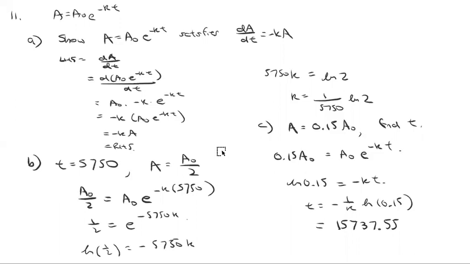I would always leave it in an exact form and then write in a decimal answer as well. So this is approximately 1.2 times 10 to the minus 4. Let's just calculate and work it.